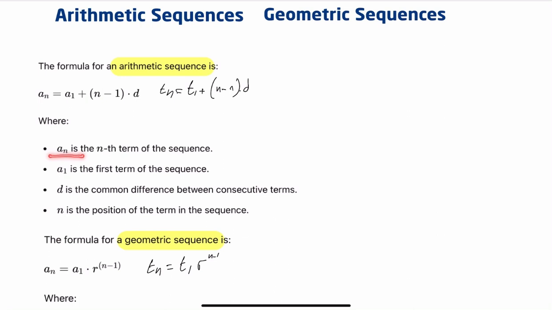A_n is the last term, A_1 is the first term, D is the common difference between consecutive terms, and n is the position of the term in the sequence.